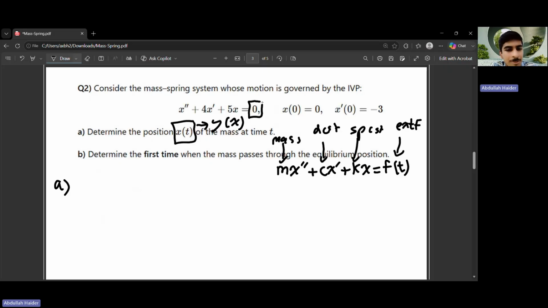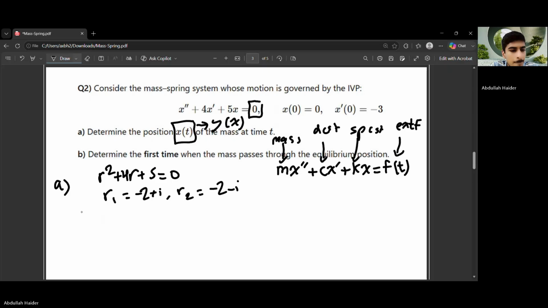This is a homogeneous equation, which means that you only have to find the auxiliary equation and then write your x of t. So first, the auxiliary equation for this will be r squared plus 4r plus 5 equals 0. And r1 will be minus 2 plus i, and r2 will be minus 2 minus i.